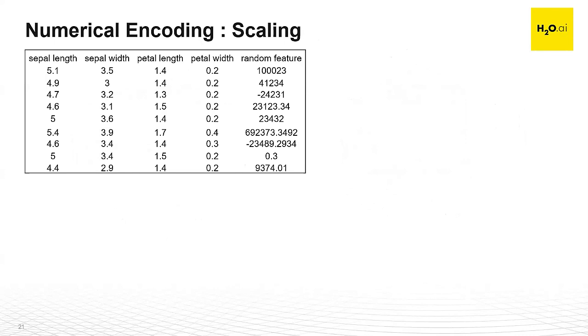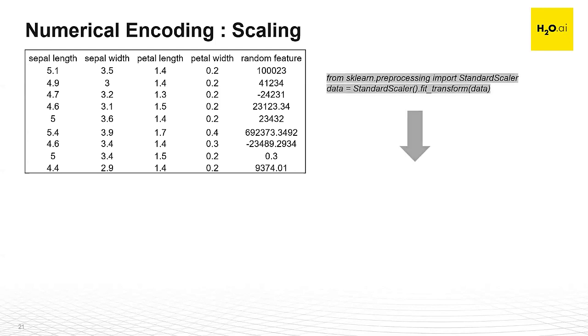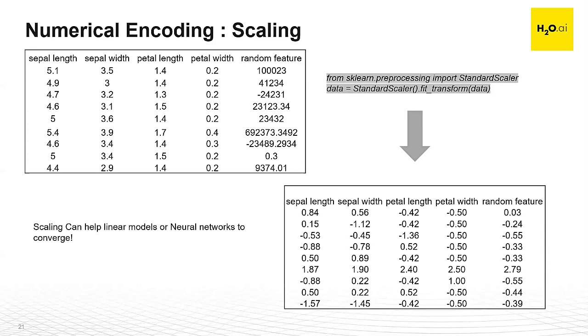It can be a big problem because certain techniques may not converge when you have a feature that has very different ranges than the rest. So primarily from a convergence point of view, you may want to consider scaling. For example, a way to do this is to just subtract the mean and divide by the standard deviation for each column, and then you get something that is basically on the same scale, as you can see in the transformed frame.